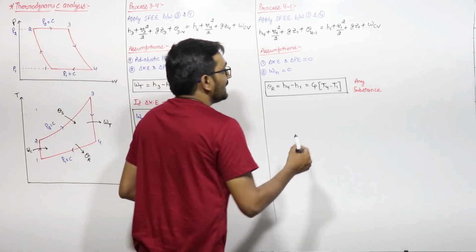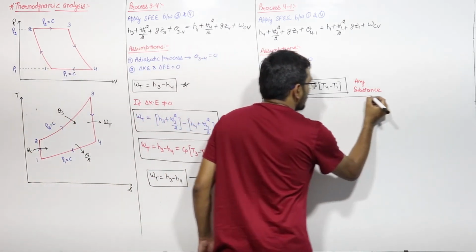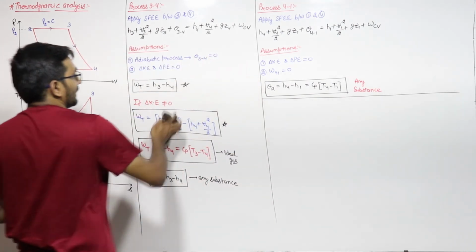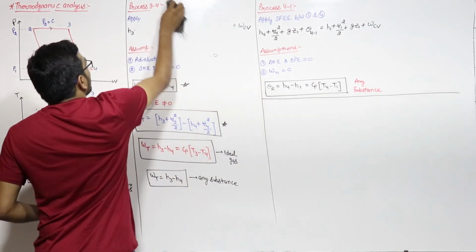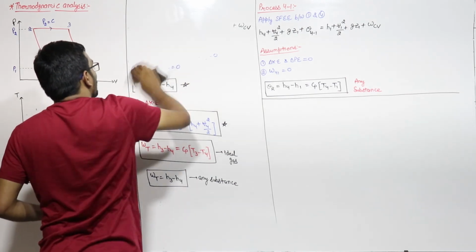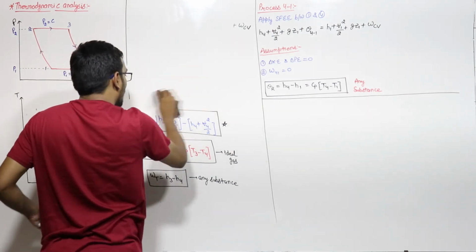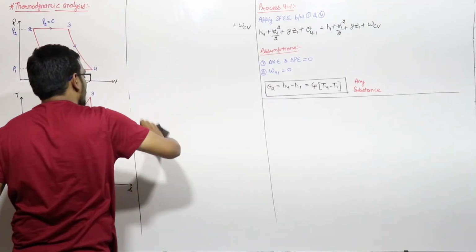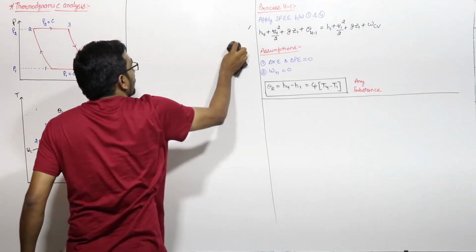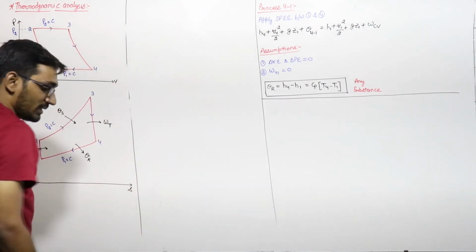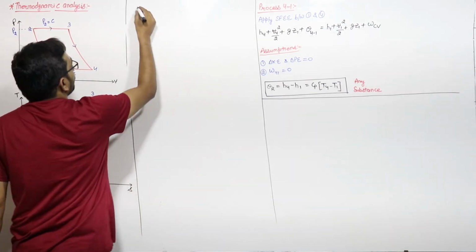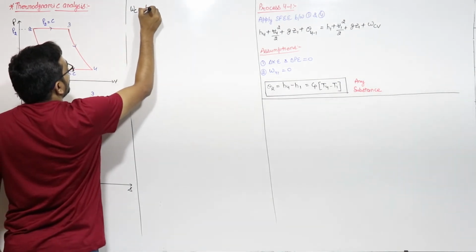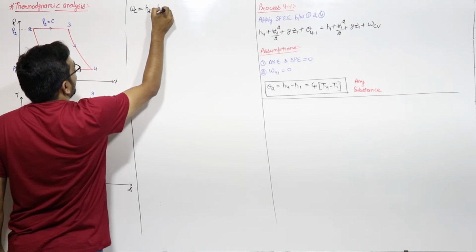So let us summarize all these points here. This summary is more important, just pay attention. If I summarize all these points which I just told you, work required by the compressor will be equal to H2 minus H1.